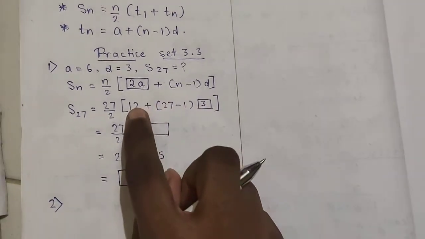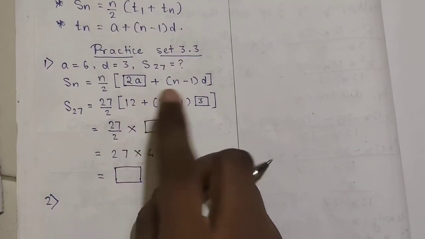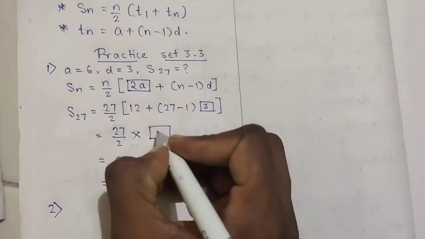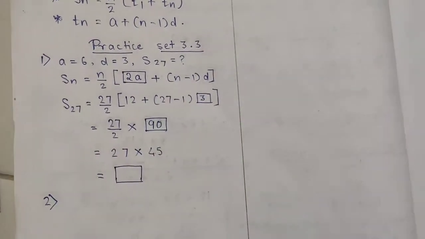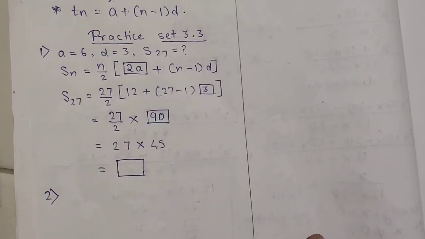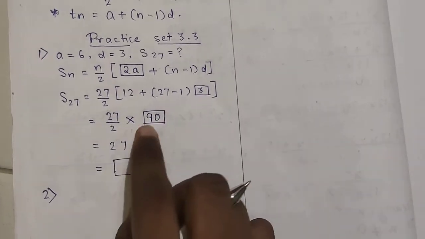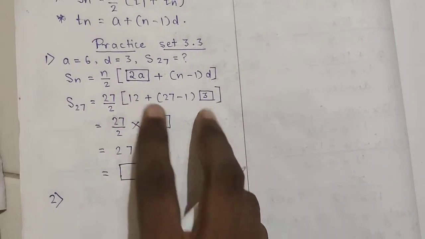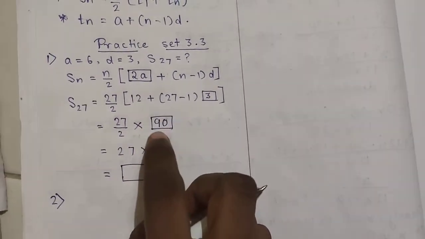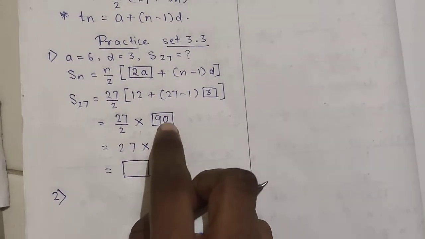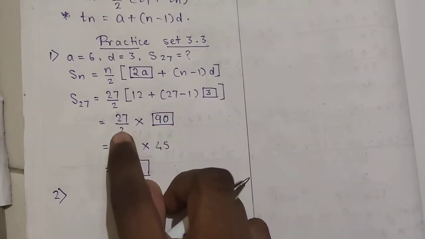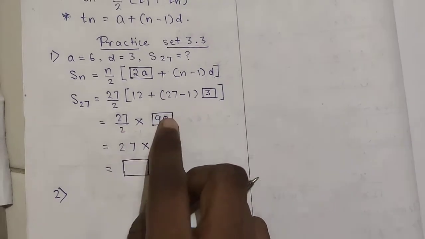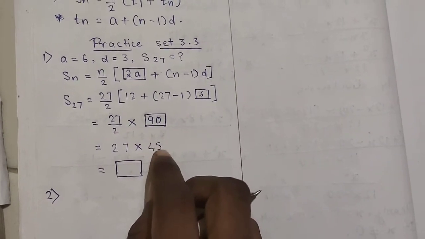And 78 plus 12, you are going to get 90 here. So after simplification of this bracket, 90 should come here. Now if you cancel 2 with 90, you are going to get 45 here.